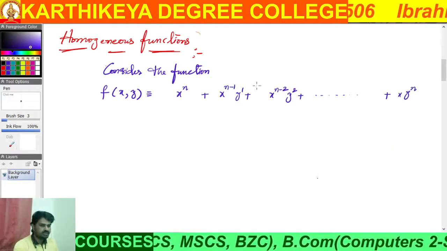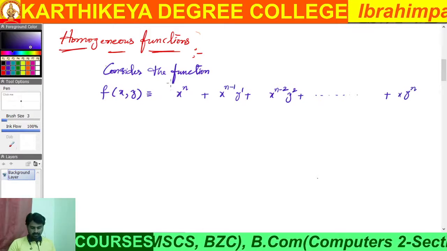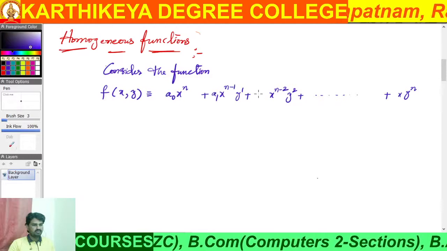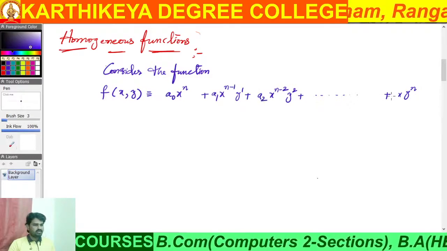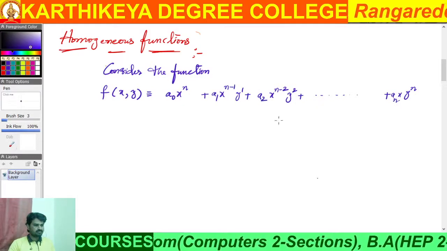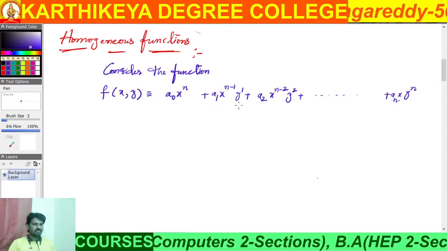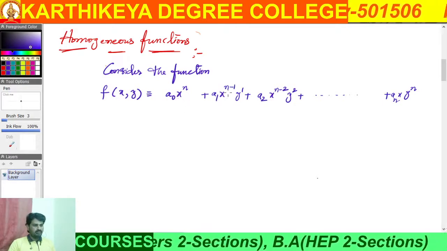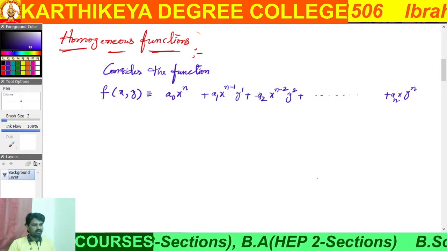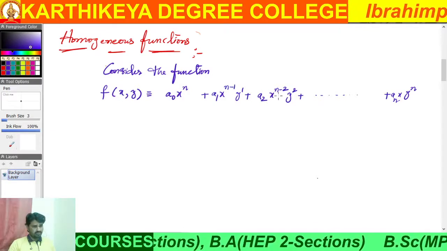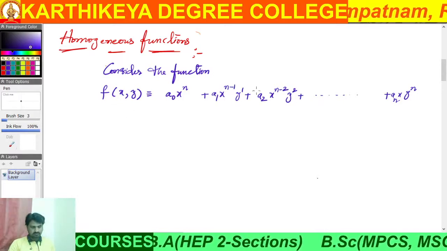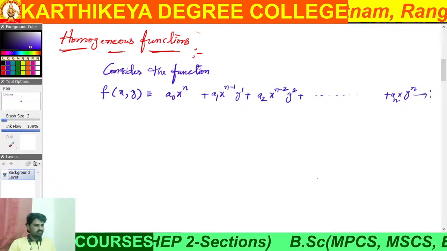Okay, so that is the concept here. Now here I am going to take a naught, this is a1, this is a2, and so on up to an. So consider the polynomial f of xy is equal to a naught x power n plus a1 x to the power of n minus 1 into y power 1, plus a2 into x to the power of n minus 2 y square, and so on up to an y power n, where consider this is equation 1.